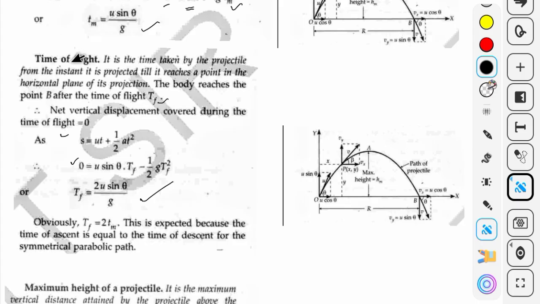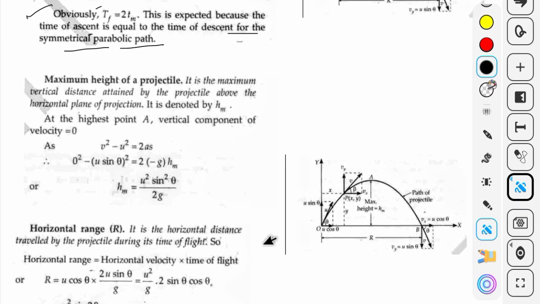Now Tm was u sin theta by g and Tf is 2u sin theta by g, so the total time of flight is equal to 2Tm. This is expected because the time of ascent is equal to the time of descent for the symmetric parabolic path.